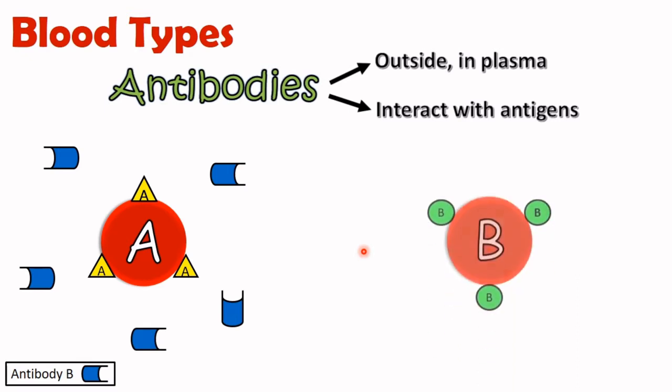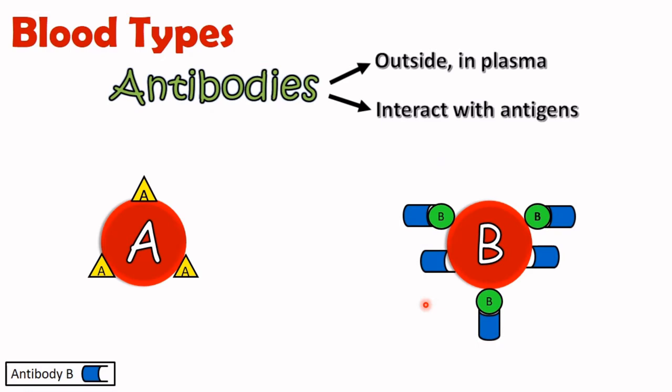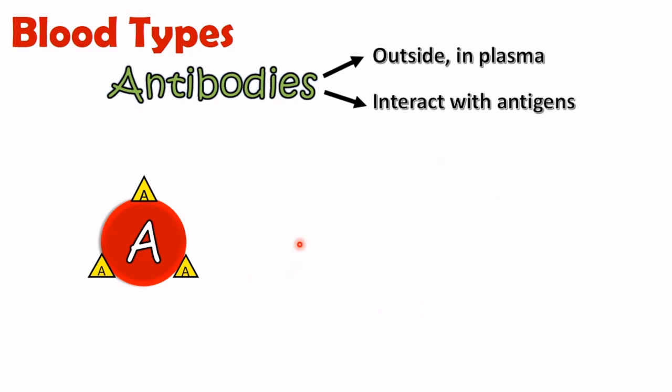But if a B antigen comes, it is a stranger antigen. Anti-B means that it doesn't like B, right? So the antibody B will attack the antigen B, the stranger. Again, like I said, the antibodies and antigens must be opposite.